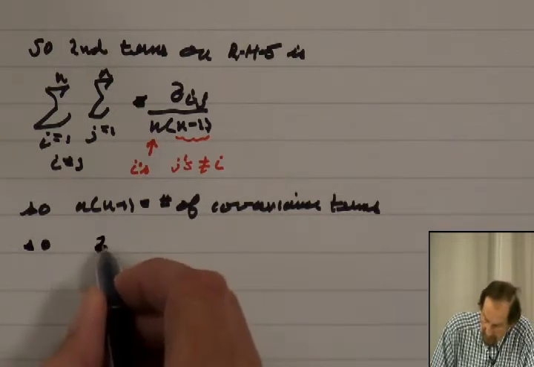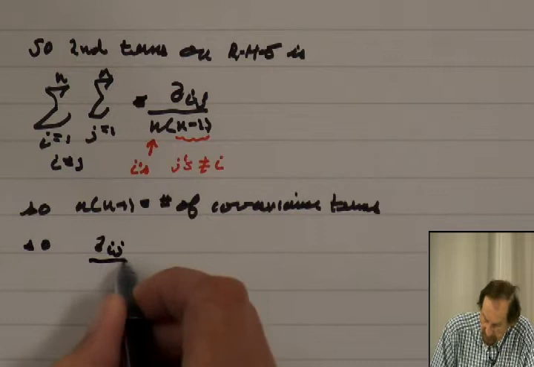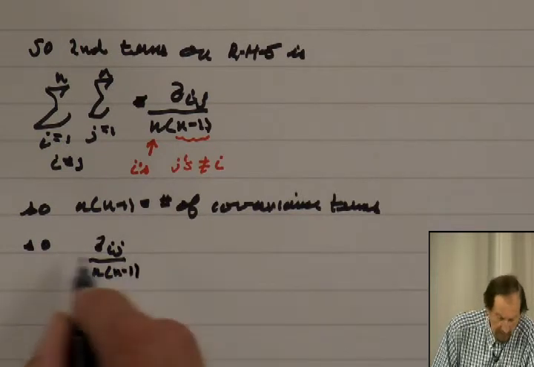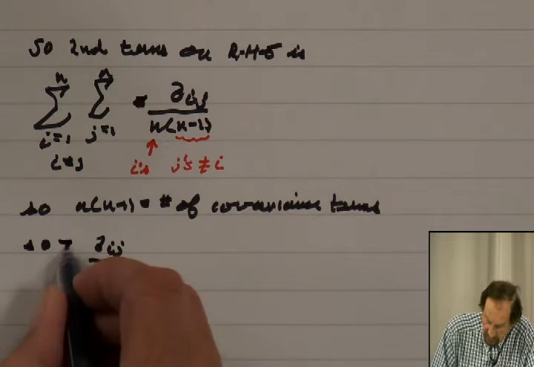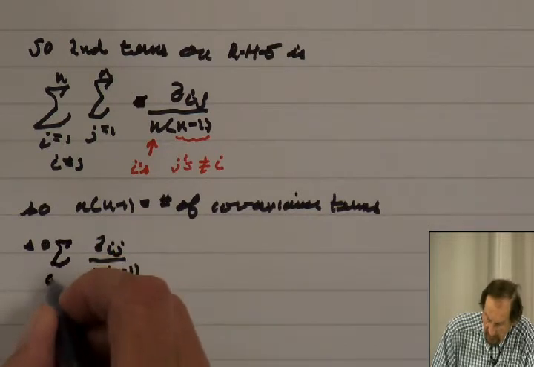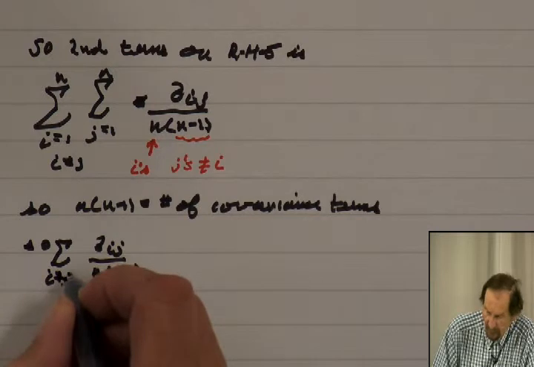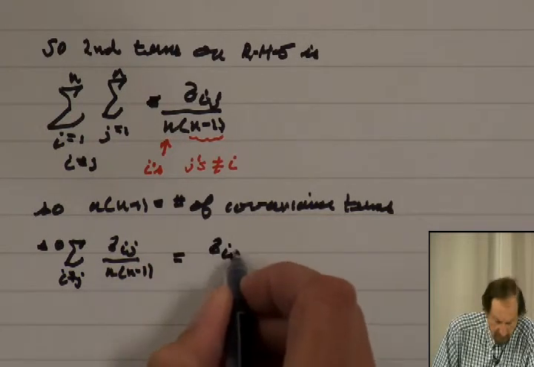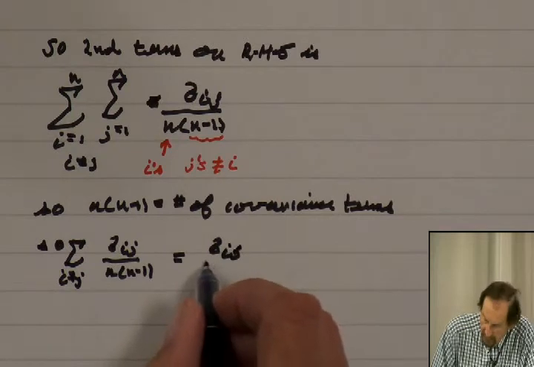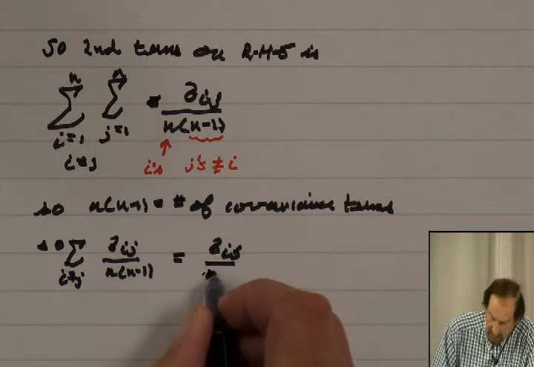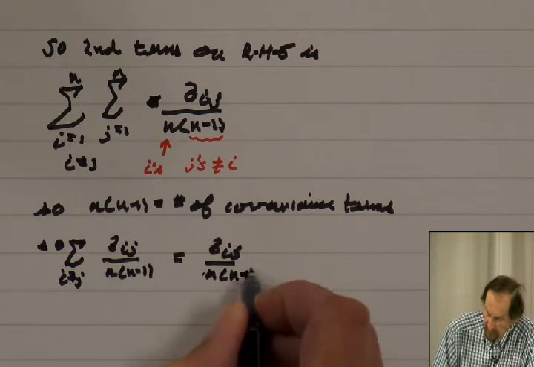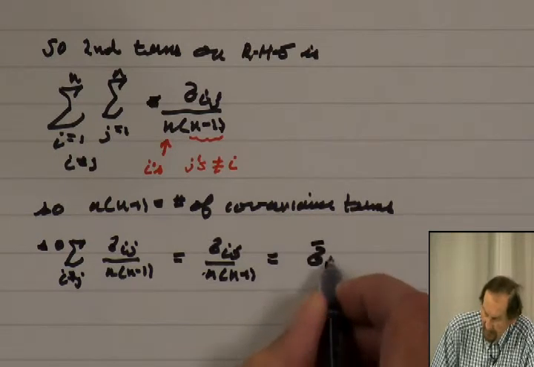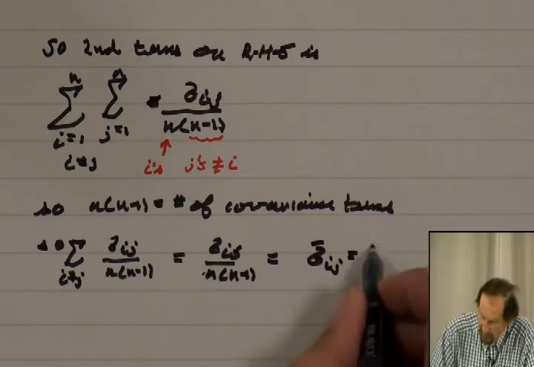So the sum of sigma ij over n times n minus 1, and if we sum this over all i not equal to j, equals sigma ij times n minus 1 equals sigma bar ij, the average covariance.